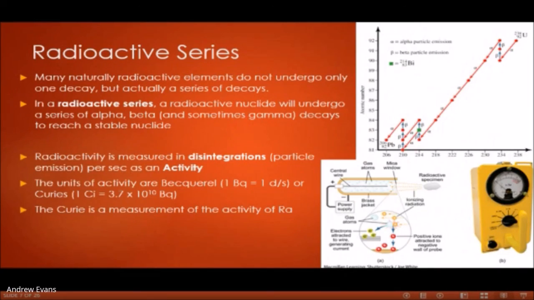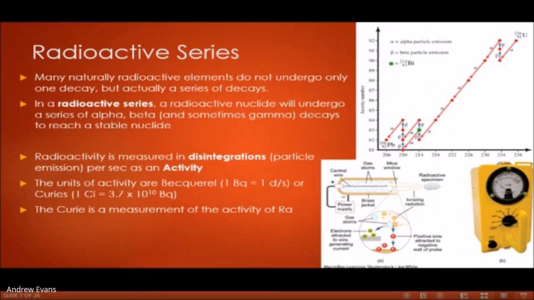Naturally, radioactive elements rarely undergo just one decay. They undergo a series of decays in what's called a radioactive series. We'll undergo a lot of alpha and beta, sometimes some gamma decays to get a stable nuclide. We measure these in disintegrations, essentially particle emissions, per second, as the activity.